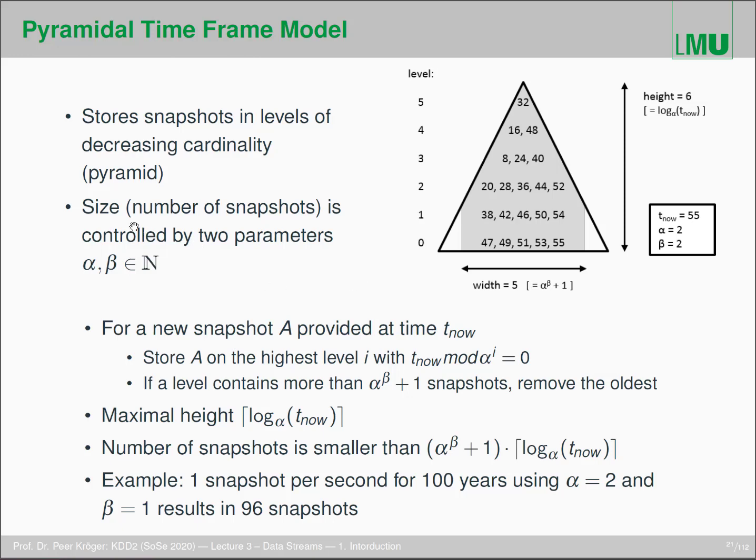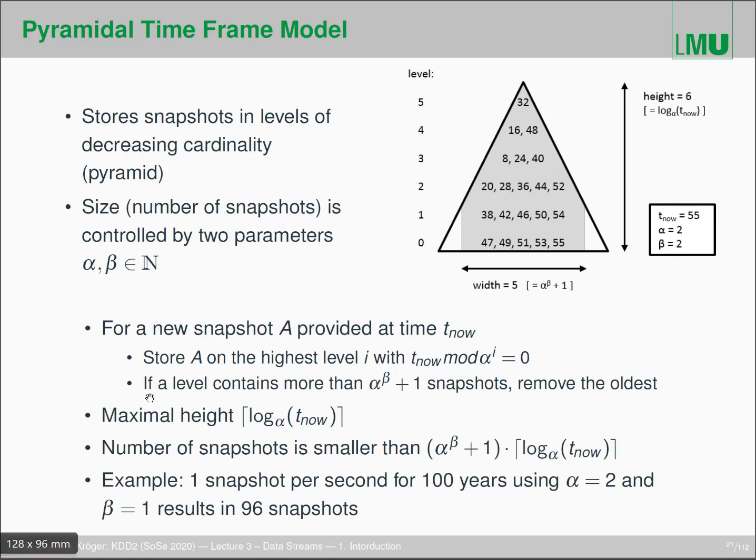And the size, meaning the number of snapshots, is controlled by two parameters, alpha and beta, which are natural numbers, as follows. For a new snapshot at some time slot, you store that snapshot on the highest level i which fulfills time slot modulo alpha to the power of i equals 0.